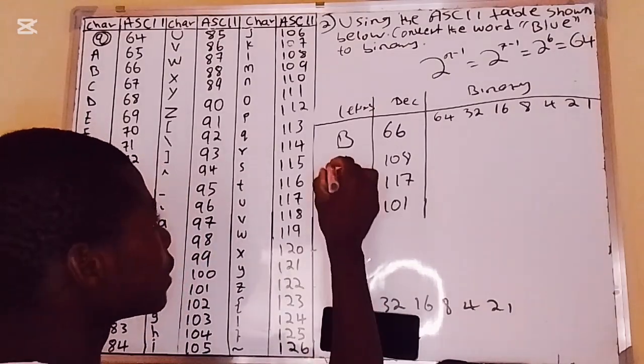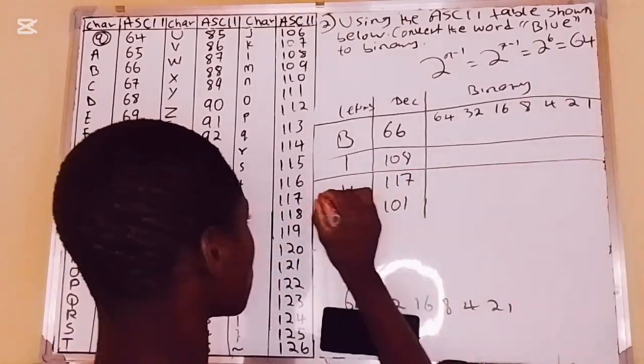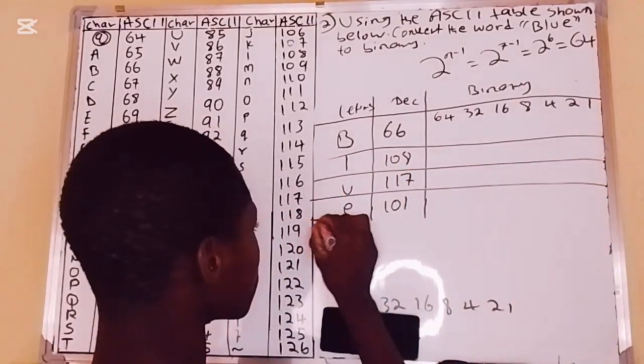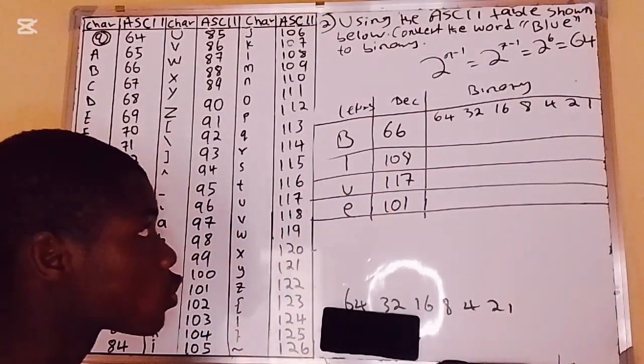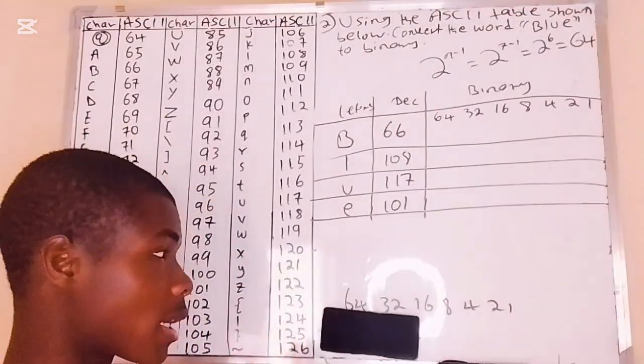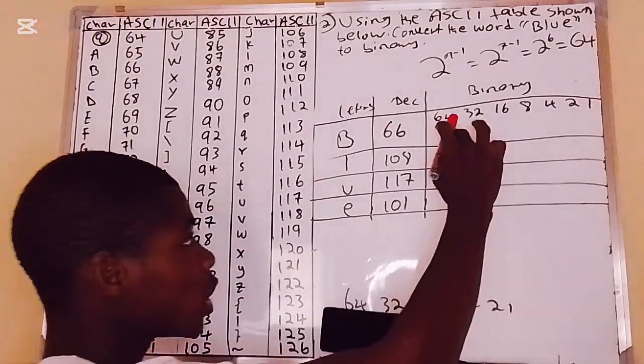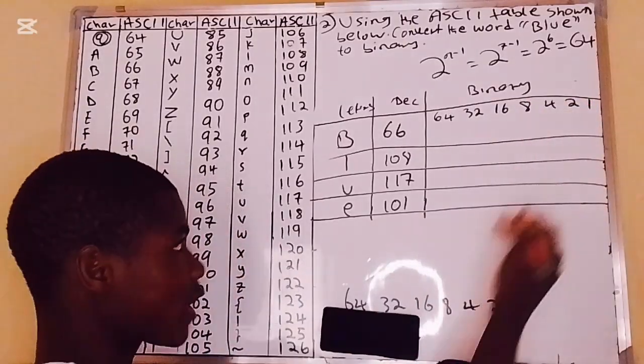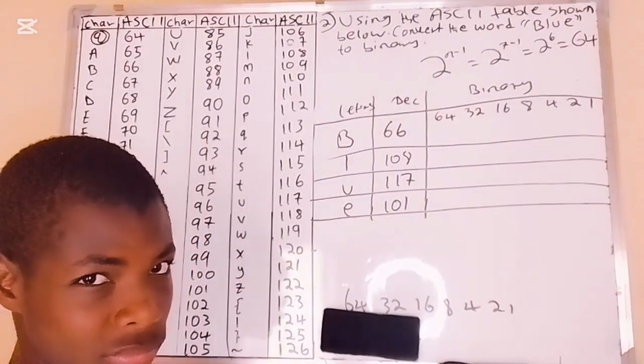The next thing is, let me say I have this. I separate this. I have to look at the decimal first, the 66. What numbers should I add to get 66?